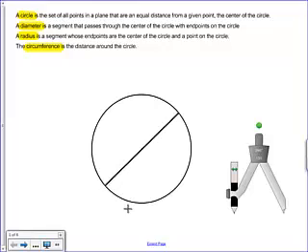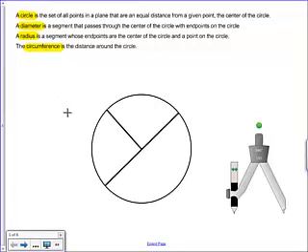Usually that's denoted by a small d. So we've got the circle, we've got the diameter. A radius is a segment whose endpoints are the center of the circle and a point on the circle. So if we start here and go to here, that's a radius. With me so far? So circle, diameter, and radius.